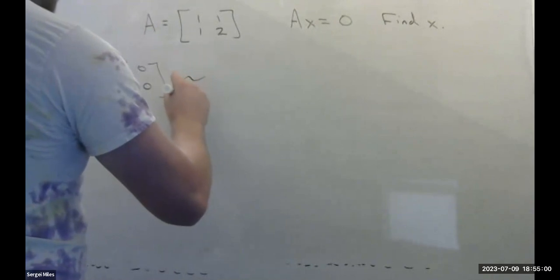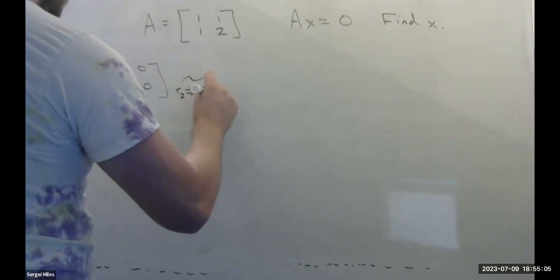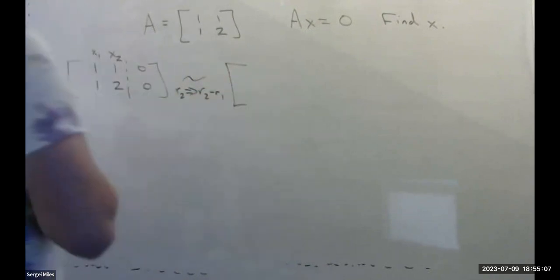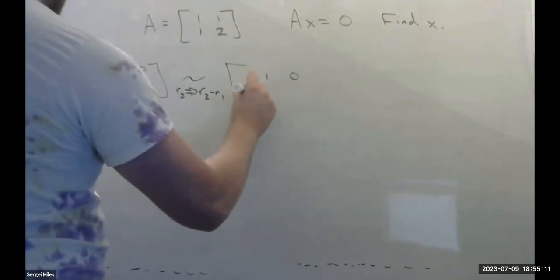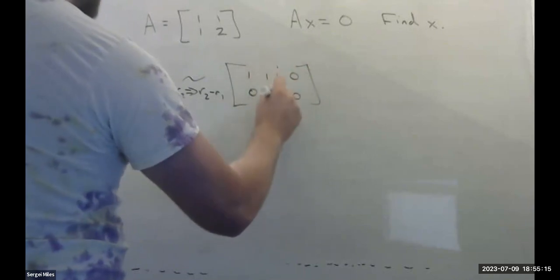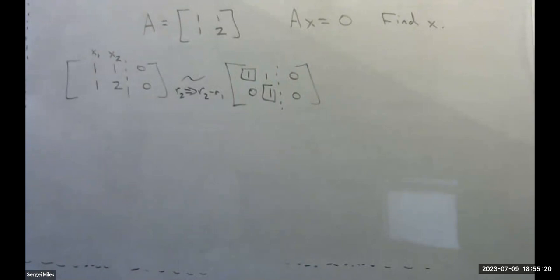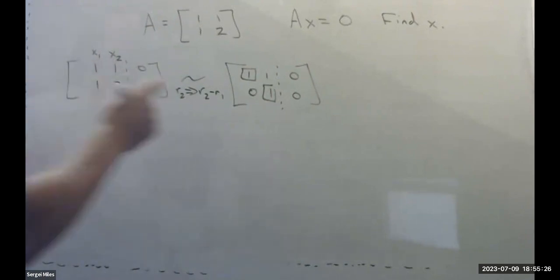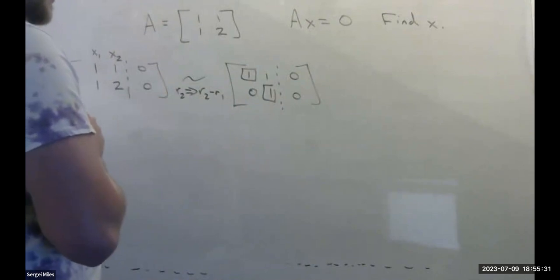All right, well, we're going to do the same row reduction we had before. We're going to take R2 minus R1, and we're going to have 1, 1, 0, 0, 1, 0. Now, what happened here? Now I have no free variables, and I have a pivot in every column. In particular, what does this say? Well, let's read the bottom row as an equation.